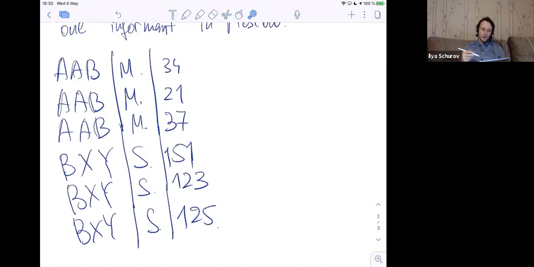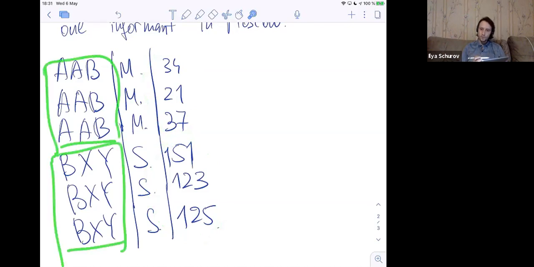If I see a difference between these groups of numbers, can I generalize my conclusion to the whole cities? I can't, just because I have only one individual here and one individual here.